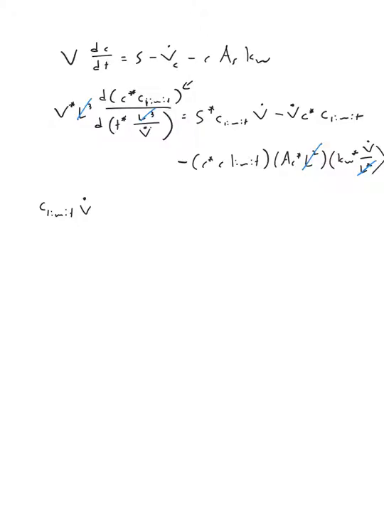Okay, it gets flipped up to there, times V star dC star dt star is equal to C limit V dot S star minus C limit V dot C star minus C limit V dot C star AS star KW star.